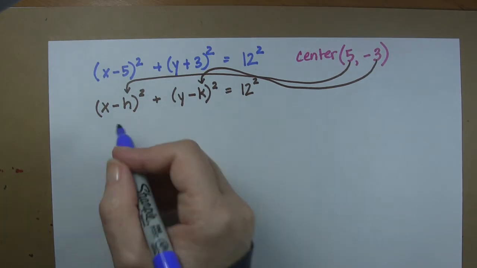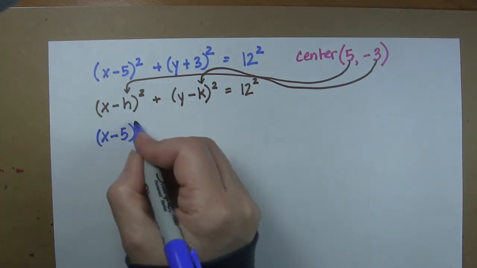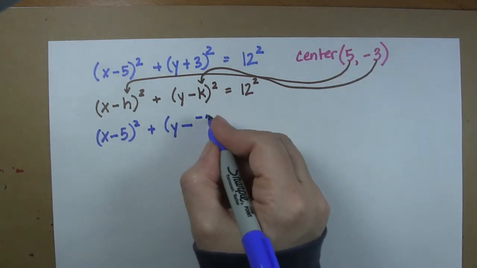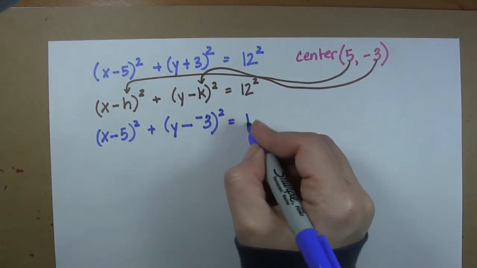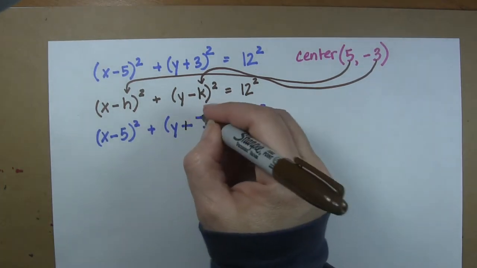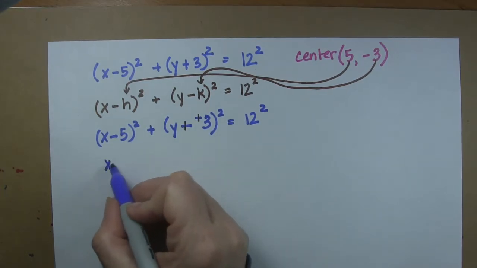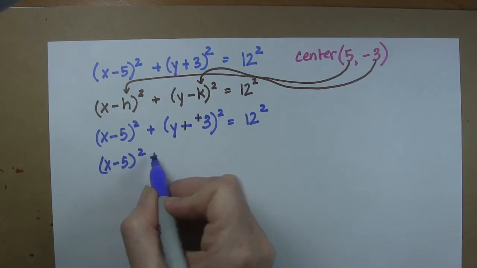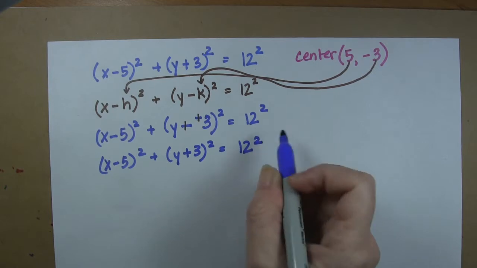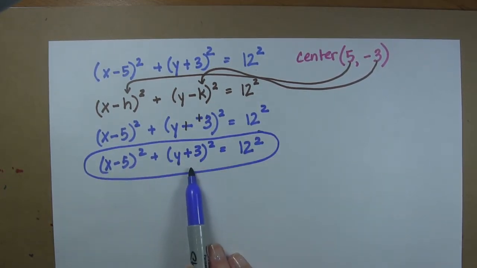So then it would be x minus 5 quantity squared plus y minus negative 3 quantity squared equals 12 squared. So you can see that this is going to become plus a positive. So we wind up with x minus 5 squared plus y plus 3 squared equals 12 squared. That is the original equation.